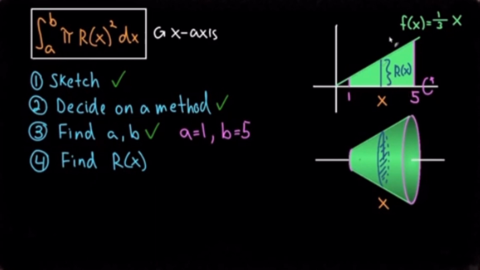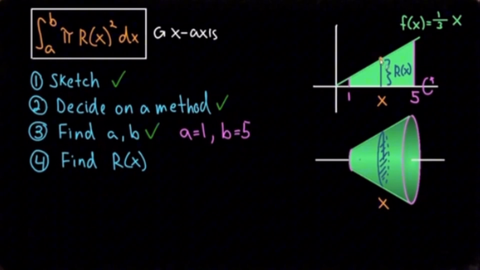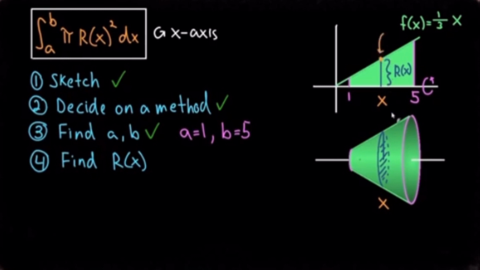And remember, f of x gives us the height of the function, so given this x value, f of x is the height of that point. But that height is exactly this distance from the x-axis up to the point, or in other words, that height is exactly the r of x we're looking for.